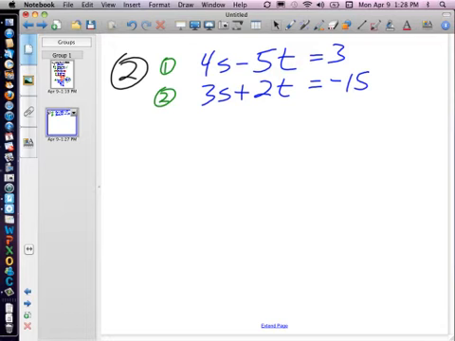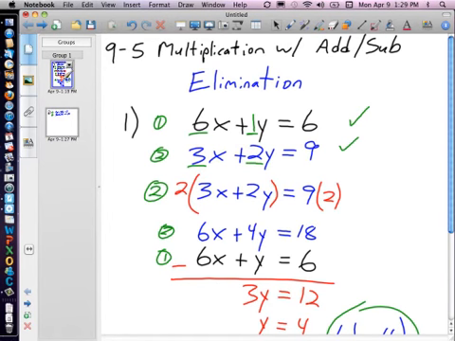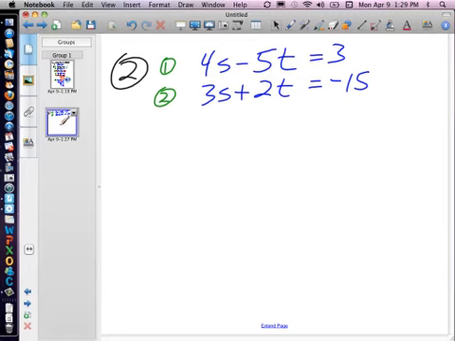We can either try to turn both those s terms into 12, which would be the least common multiple of 4 and 3, or we could turn the coefficients of the t terms into 10, which is the least common multiple of 2 and 5. It doesn't really matter. The last one we did was, I think, a subtraction elimination. So let's do an addition one by getting the t's together.